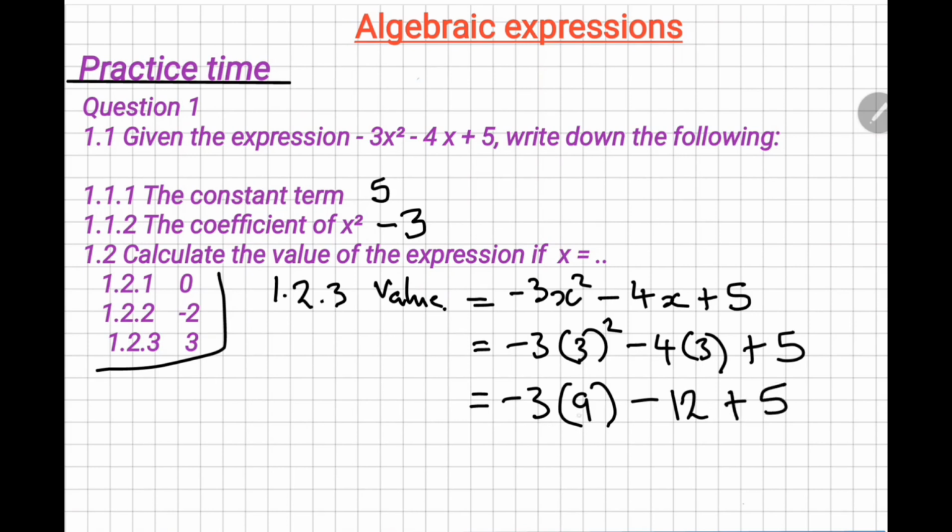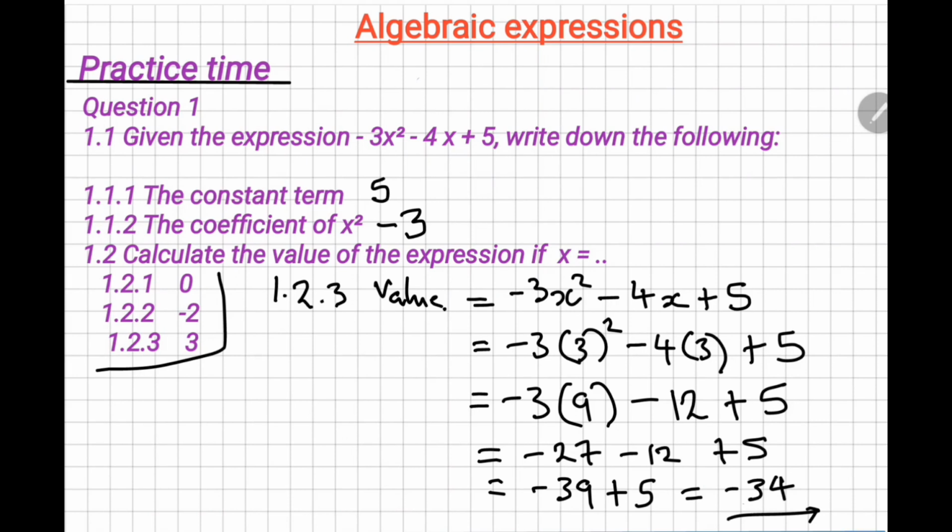Negative 3 times 9 will give you a negative 27 minus 12 plus 5. Negative 27 and another negative 12 becomes a negative 39 plus 5. We're going to go to the right 5 steps. We end up at negative 34.